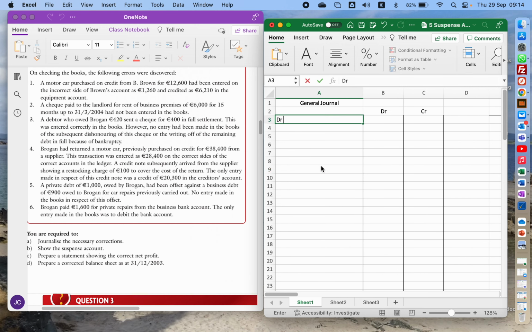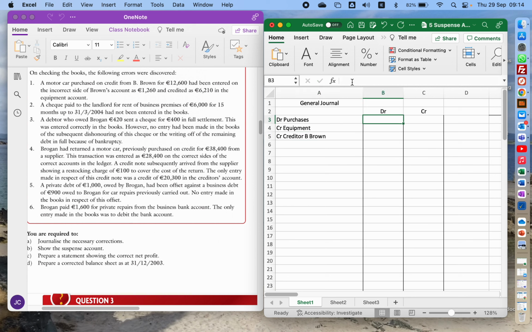So I debit purchases. I'm going to have a credit in equipment, and I'm going to have a credit in creditor, B. Brown.